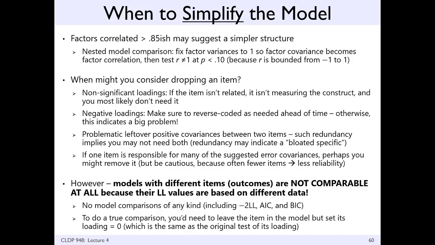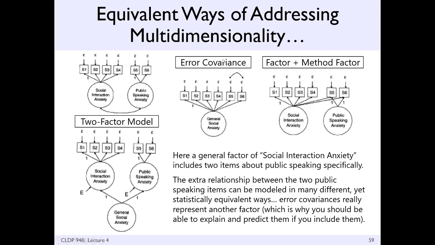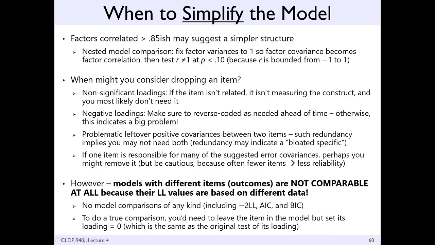If you have two factors that are correlated 0.9, it's hard to argue that you really need both of them. So that would be a situation in which you could either compare your two-factor model to a one-factor model to see if the one factor is not worse, or go back to something that looks like this higher order model so that you get the commonality between them as the thing that you're going to then carry forward to look at relationships with.